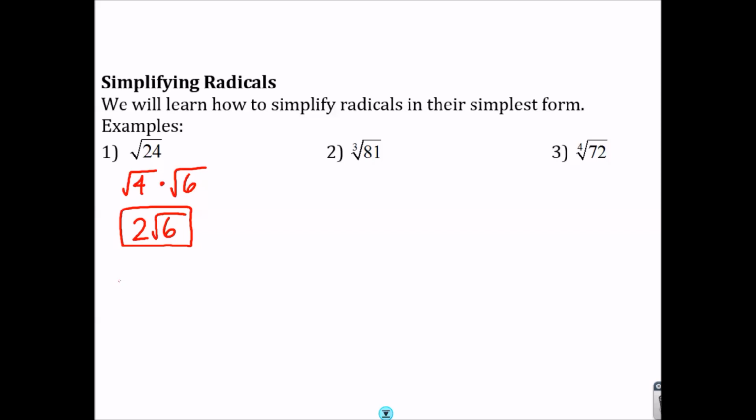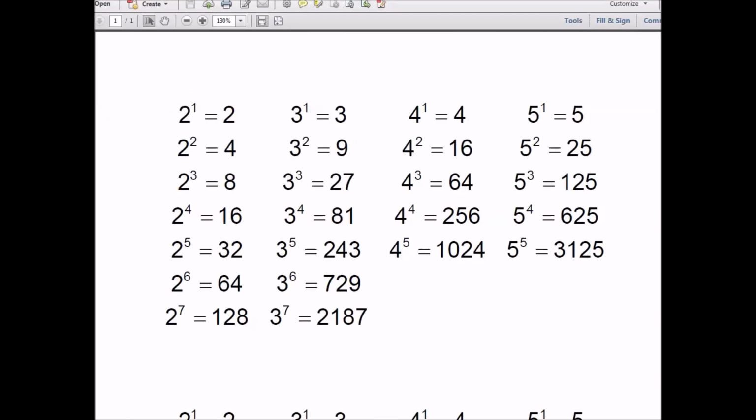Higher degree radicals are a little more challenging. When we're trying to simplify a cube root, we're looking for a perfect cube that is a factor of 81. So we're going to look at this power sheet, and if you don't have it already, you'll get it when you get into class.